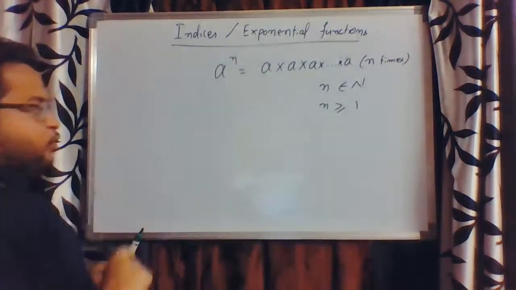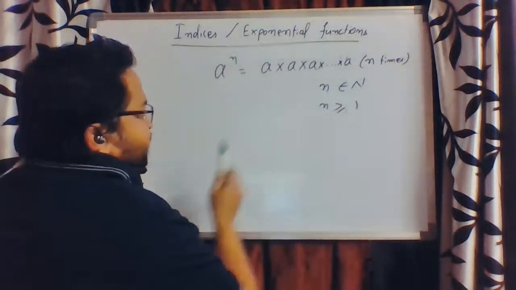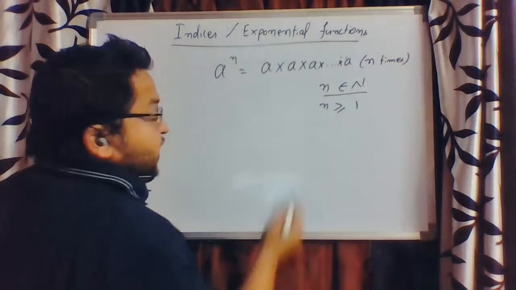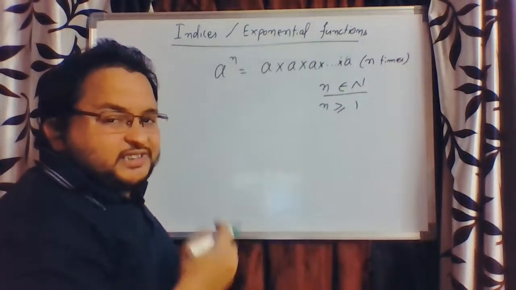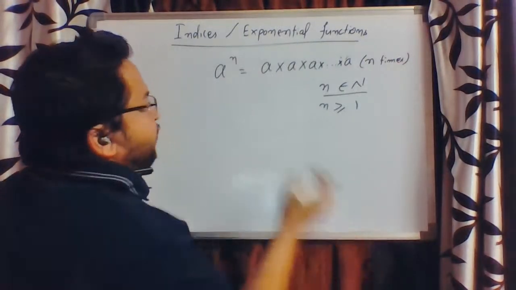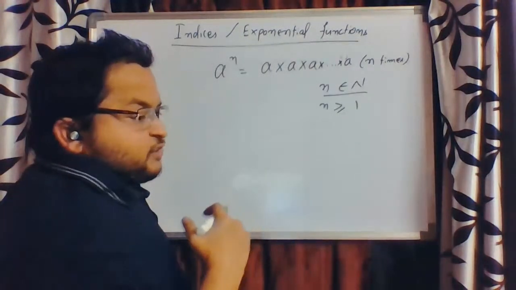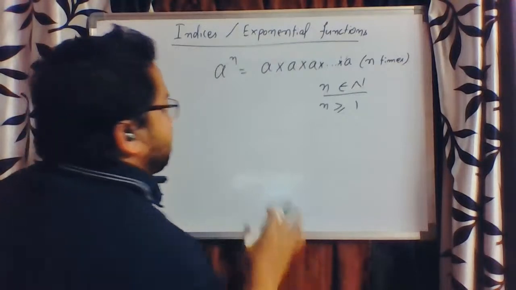Now let us understand why we have this restriction in place. From there we would understand a few other rules of indices, which would be used in doing various mathematical modeling, physical modeling, and problem solving.